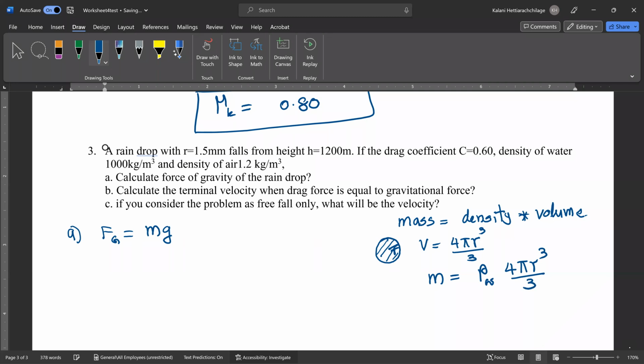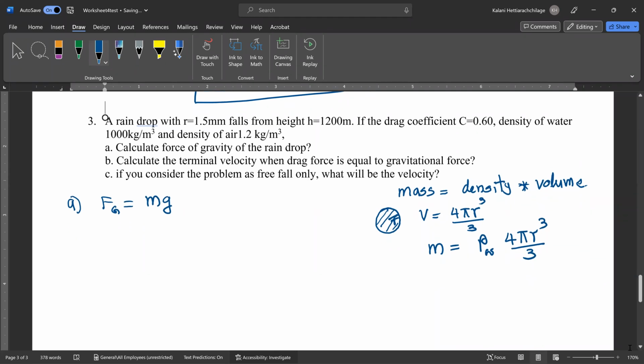So now you can plug in the values. The density of water is around 1000, and 4 pi, and use the radius in meters. I have 1.5 millimeters, so you need to convert it into meters. How do you convert millimeters into meters?